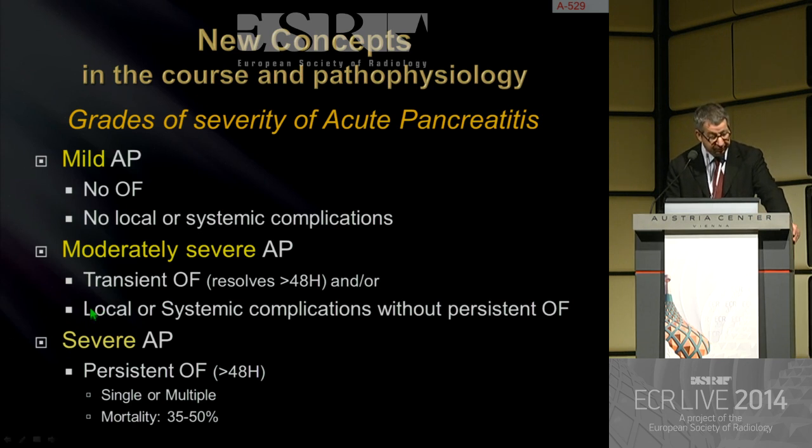And the third grade of severity, the most important one, severe acute pancreatitis, is defined by persistent organ failure after more than 48 hours. That could be single or multiple, and in that case, mortality may be up to 50%.